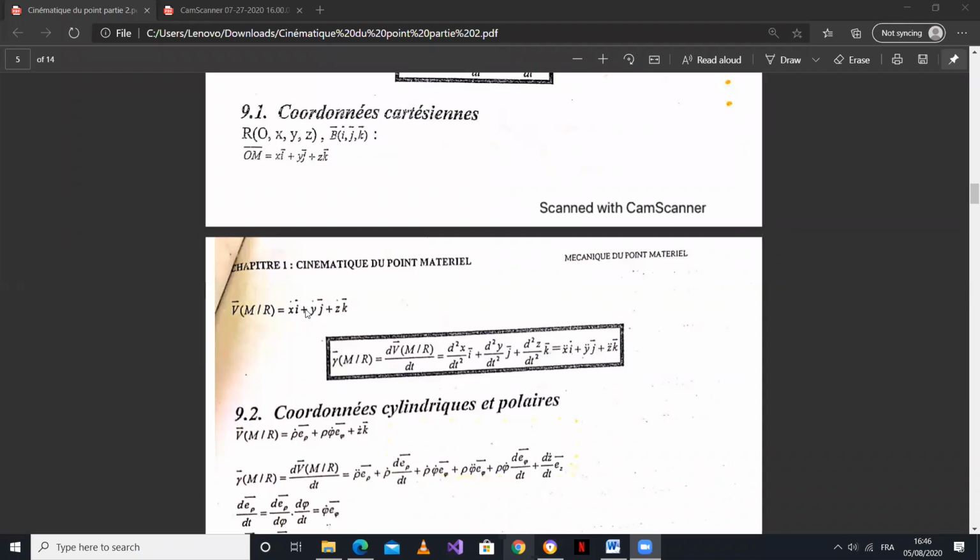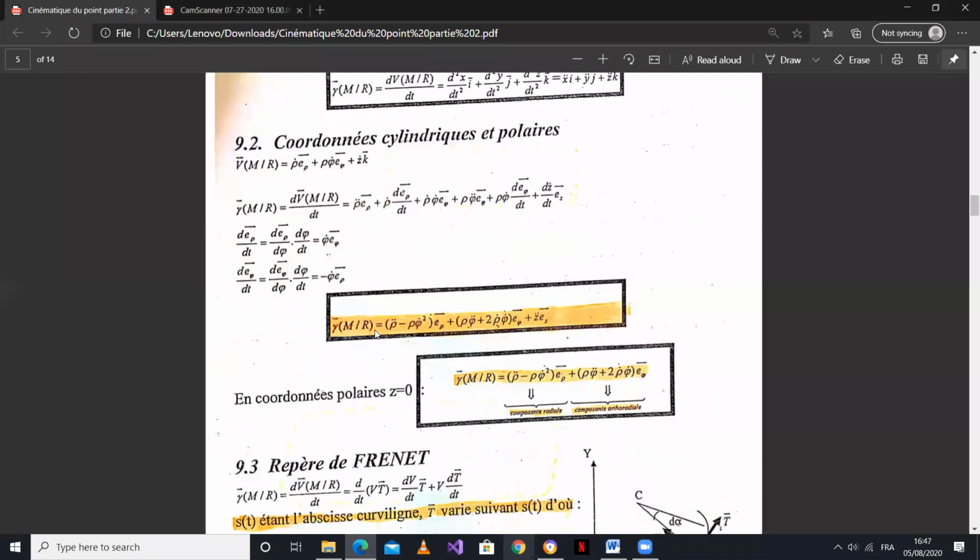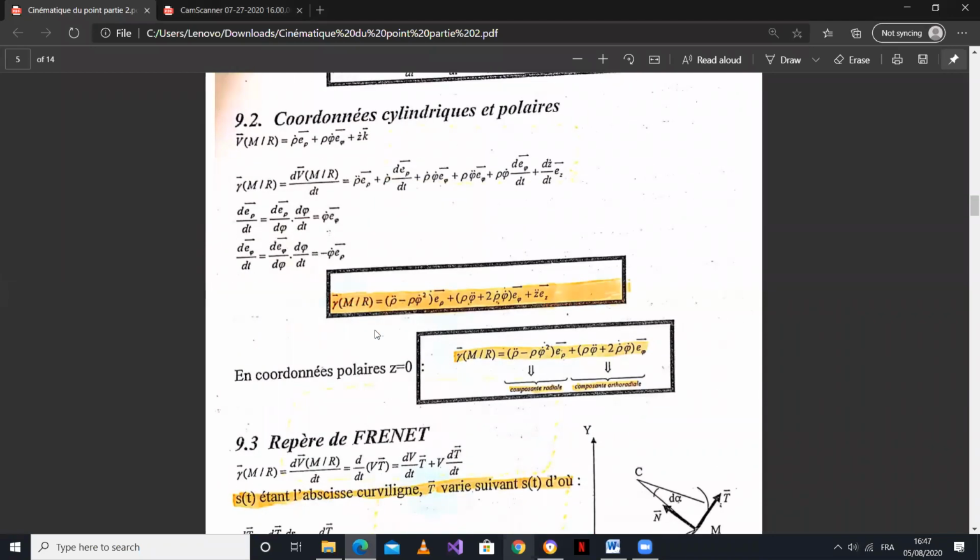And the acceleration is la dérivée seconde du vecteur position. That's why we have 2 points. We have derived it twice. Is it clear for the Cartesian coordinates? Very basic, very plain, very boring. Is it clear?